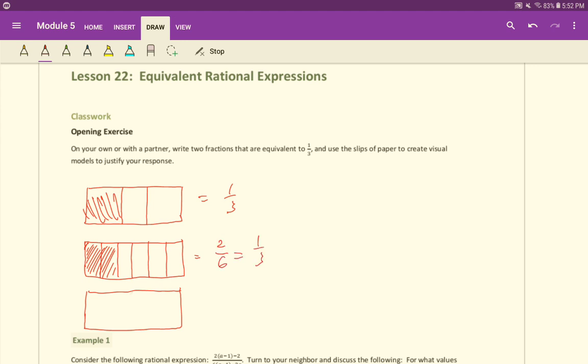And we could go one more step further. Again, do our thirds, and we could split those into thirds as well, in which case we have 9. And again, to get this equivalent 1/3 fraction here, we would shade 3 of these. And so that would be 3/9 or 1/3.